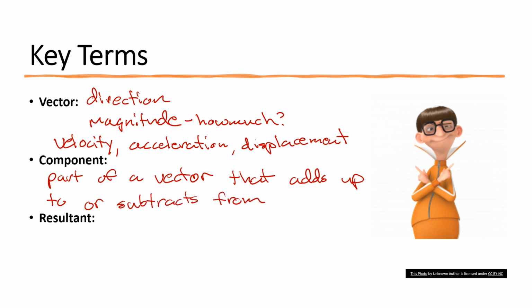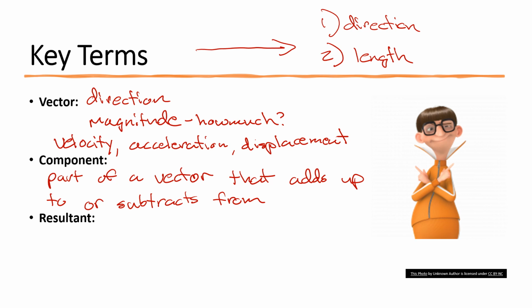Okay. One of the key things to know is that we're going to describe vectors by an arrow. Okay, and that arrow has two parts to it. One is direction, and obviously that's by which way the vector is pointing. And two, the magnitude of it, the size of that vector, how much there is going to be indicated by the length. So the faster something's going, the longer the velocity vector is going to be.